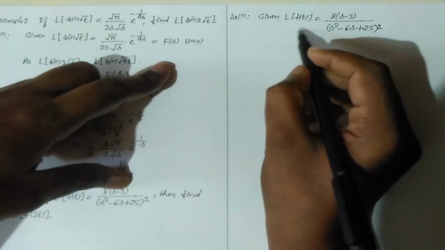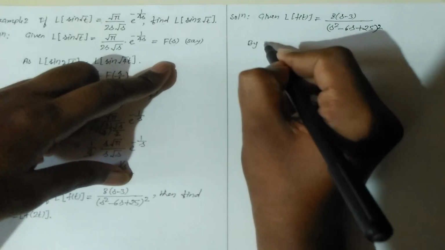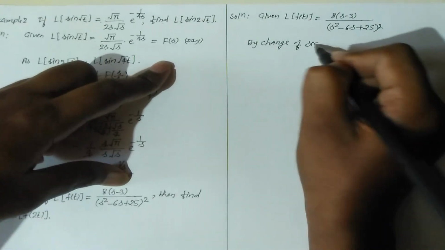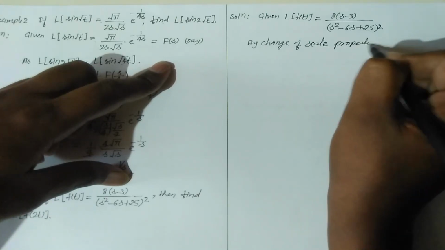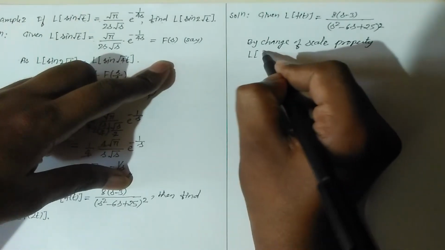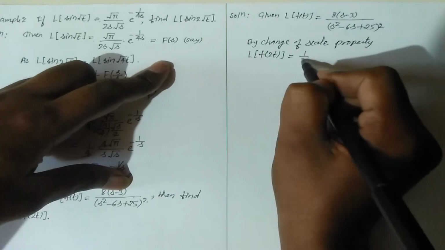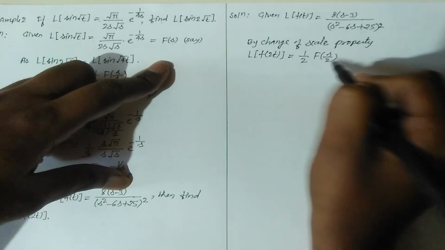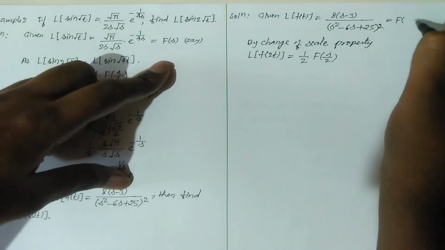Now apply the change of scale property. So by the change of scale property, we have the Laplace transform of the function f of 2t is equal to 1 upon 2 f of s by 2. Here function f of s is the given function.